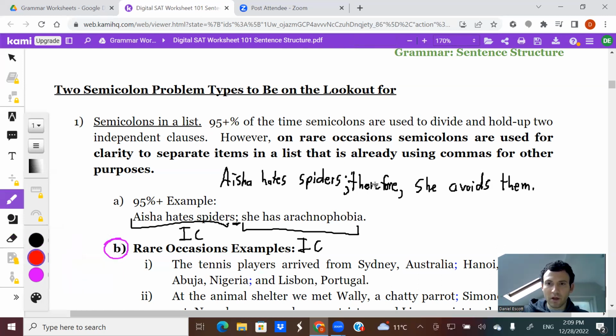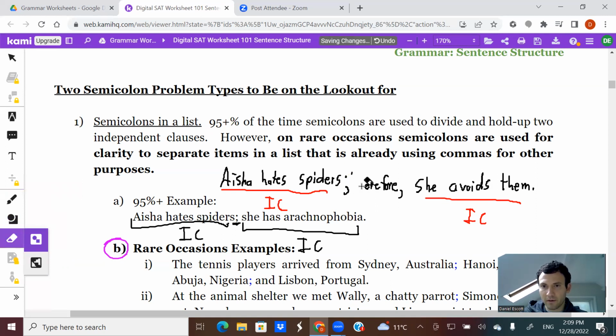And don't be confused here. The therefore isn't doing anything. It's just window dressing. It's the semicolon itself that's holding up the 2 independent clauses. And therefore is just a transition word to ease the transition. But we could easily just get rid of the therefore here and say Aisha hates spiders; she avoids them. 2 independent clauses. So that's a semicolon.